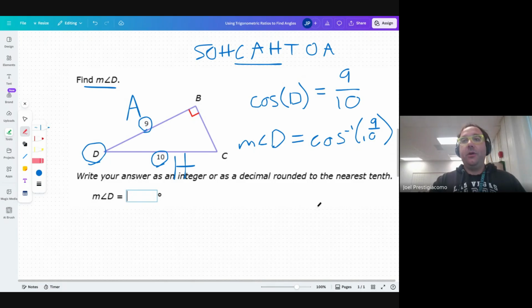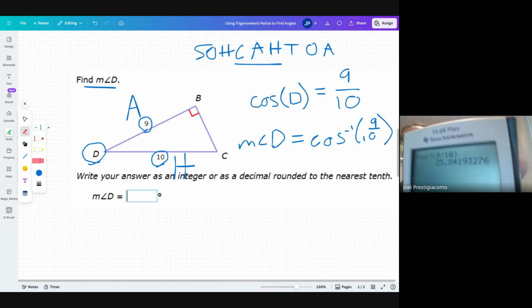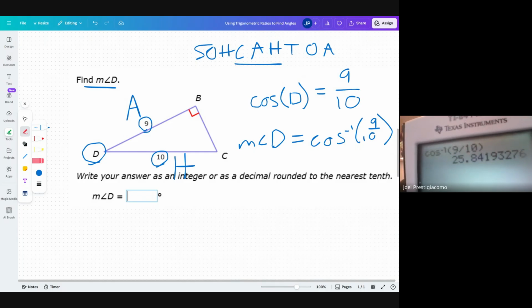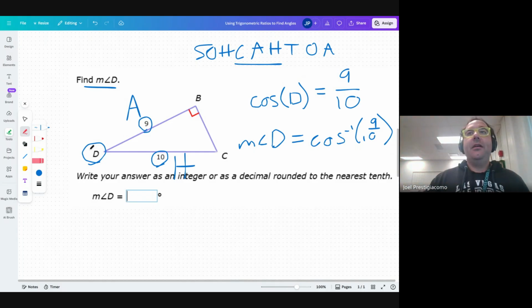I'm going to do very similarly to last time, the inverse cosine of 9/10. That answer is a long decimal. Again, you're expecting an angle measure, so think about it based on the answer you're given. This is a smallish angle, but still somewhat sizable.